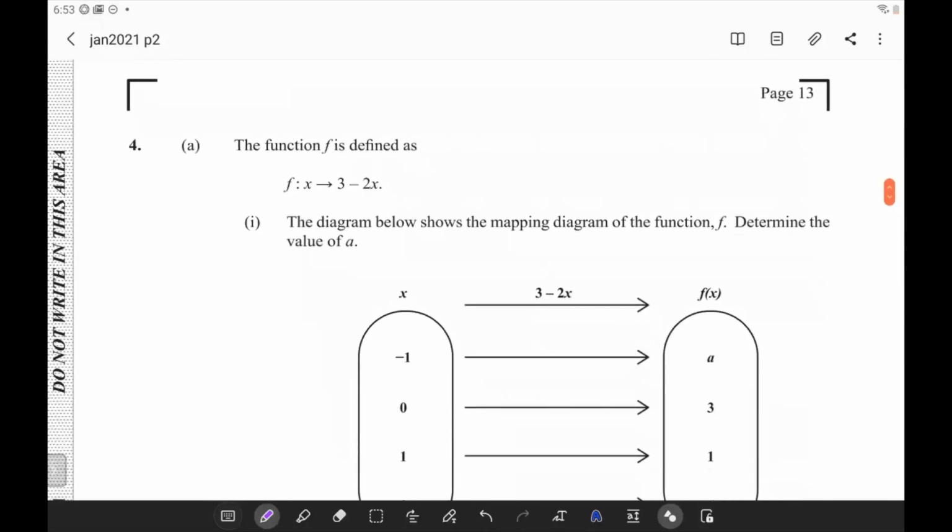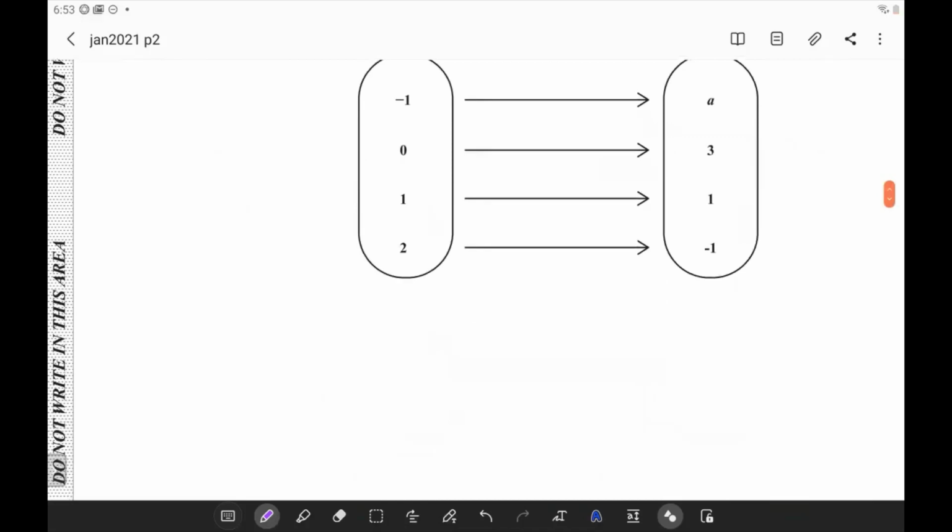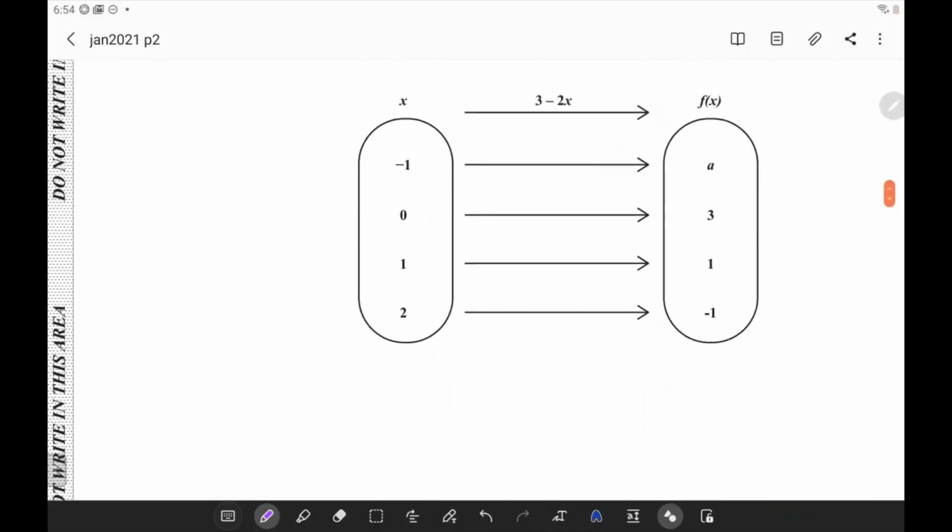So we are told number 4. The function f is defined as f of x, or f takes a value x, and we subtract 2 times x from 3. So we have the value for a.